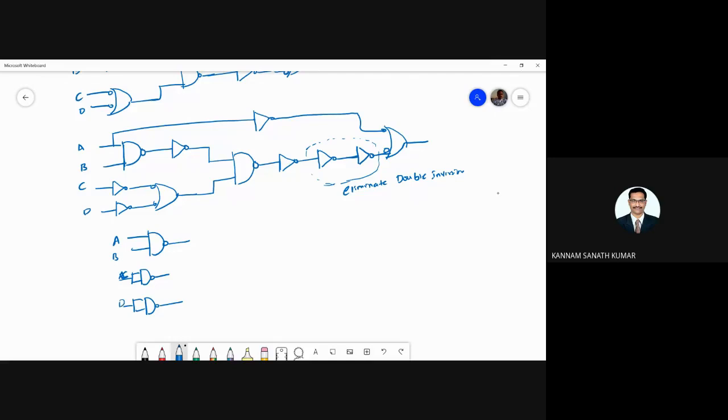D. Two inputs tied together become the inverter. And next, these outputs of the inverter are given to the bubbled OR gate, converted into NAND gate.